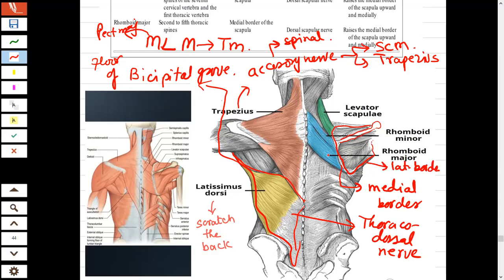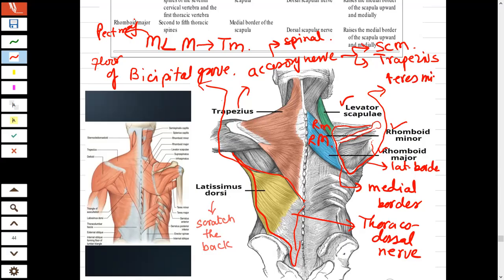Now see here. On the medial border, you have levator scapula muscle, rhomboid minor muscle and rhomboid major muscle. Okay. On the lateral border here, you have which muscles?